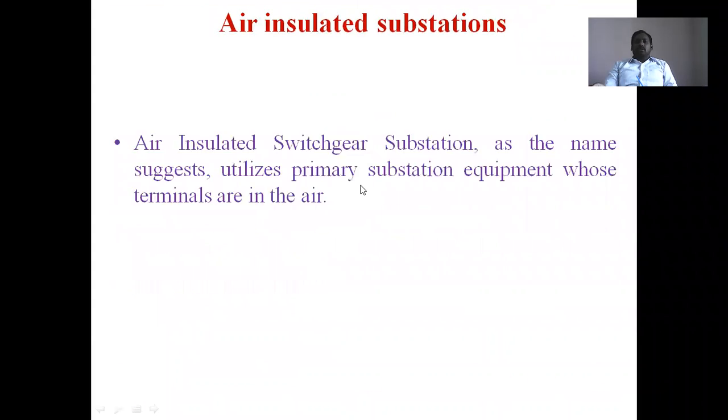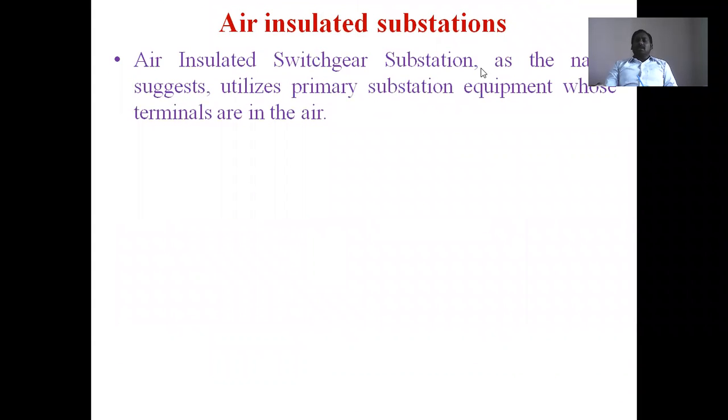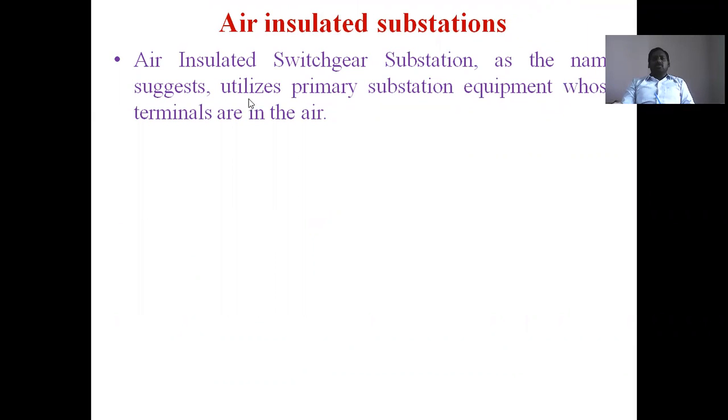Now we will see. An air insulated switchgear substation, as the name suggests, utilizes primary substation equipment whose terminals are in the air. So air can provide insulation for protection purposes.